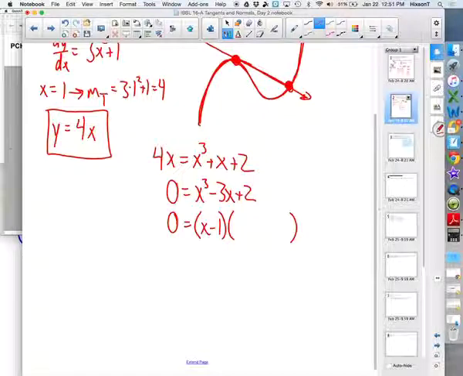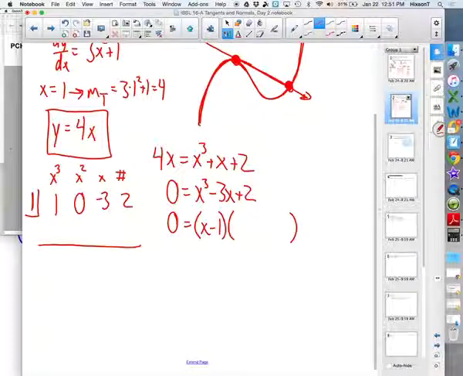So remember, you list your coefficients with your x cubed, then your x squared, then your x, and then your constant. The coefficient of x cubed is 1. There's no x squared, so I need to put a 0 in here. And then negative 3, and then 2. And I'm going to be using that 1. If you remember synthetic division, you add straight down.